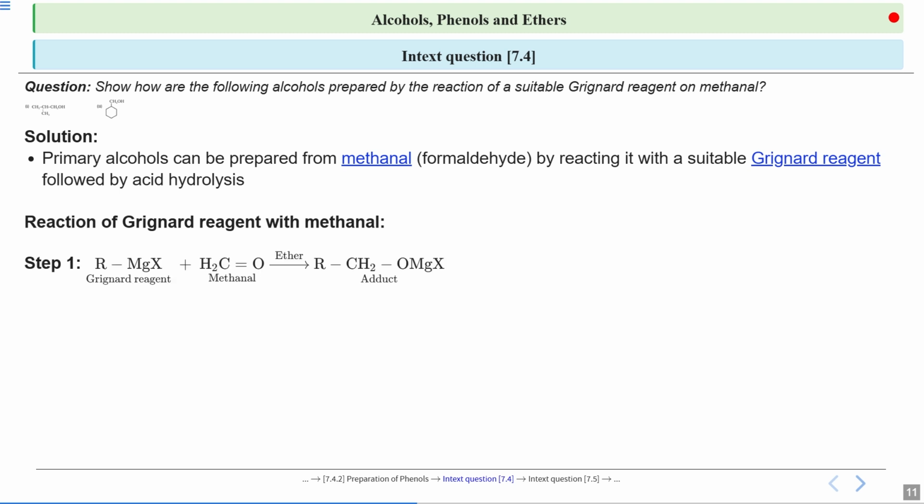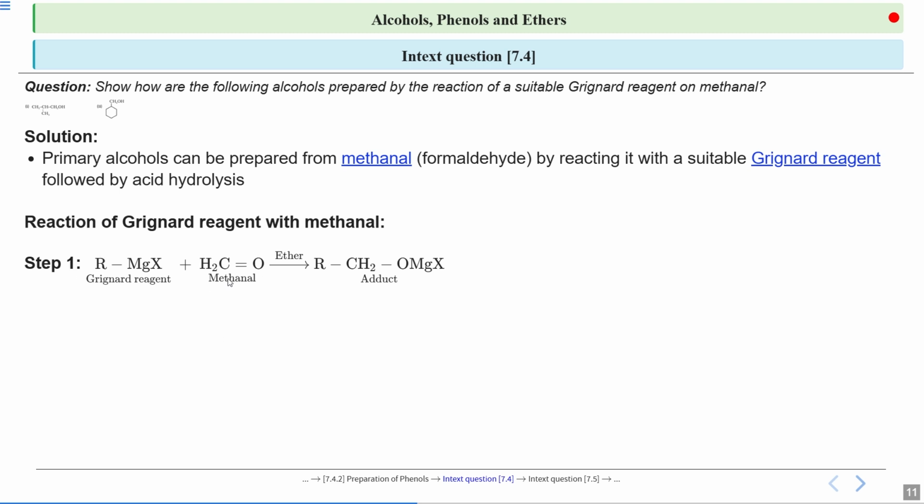See here, whenever you take a Grignard reagent and here there is methanol, an adduct is formed. Adduct means an addition product of this Grignard reagent and this carbonyl group. This Mg is a metal, so it has an electropositive nature. A partial positive charge will develop on this MgX group and a partial negative charge on this R group.